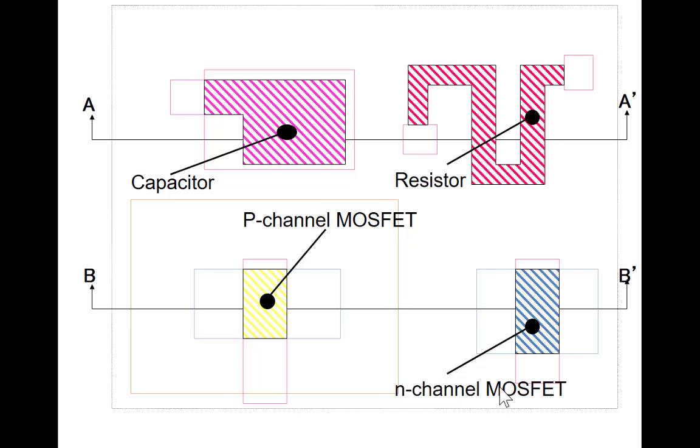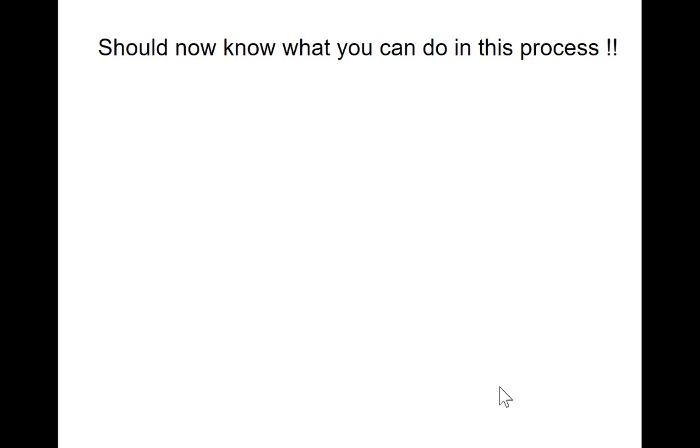So now we see how we formed the N-channel and the P-channel MOSFET, the resistor, and the capacitor. So you can now know what you can create from this recipe. Okay? And what have we used to put this together? Well, there were 50-some process steps. I only went into details on about the first 5.